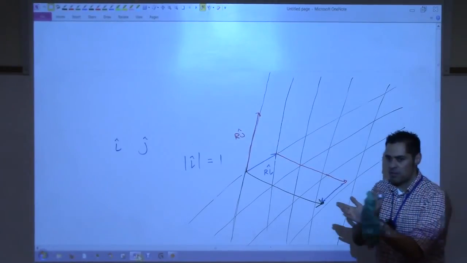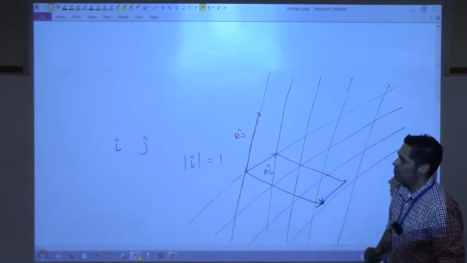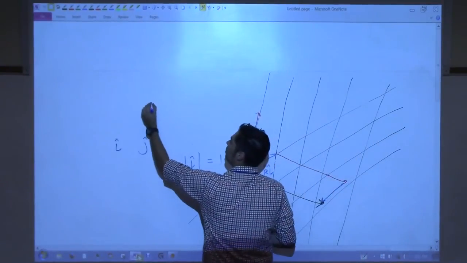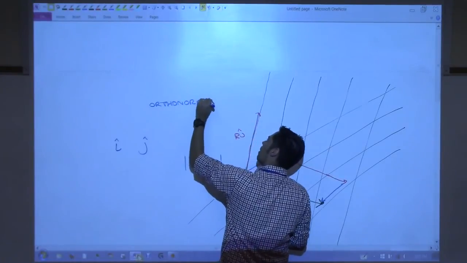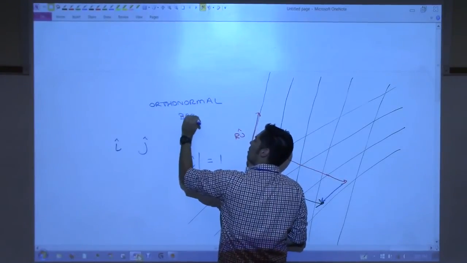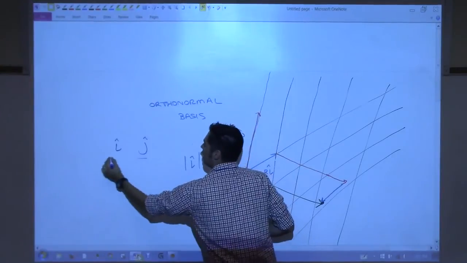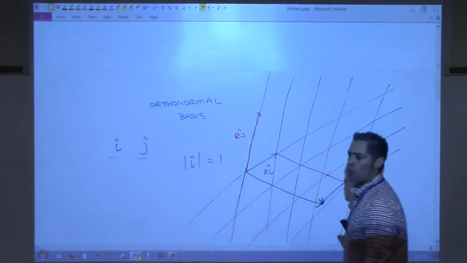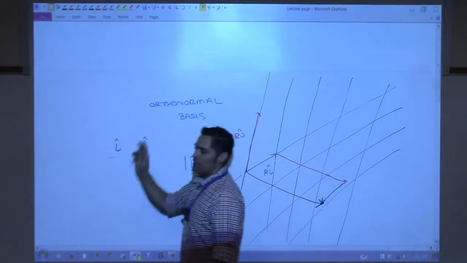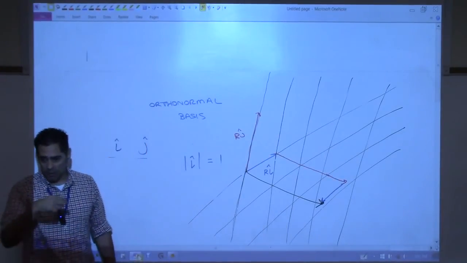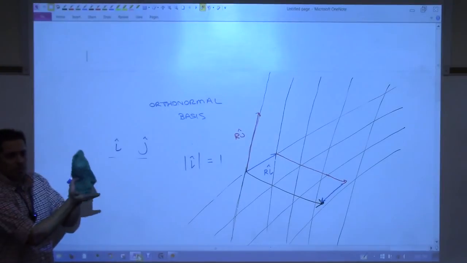And so in linear algebra, what they'll refer to this as is what's called an orthonormal basis. So i and j in linear algebra are referred to as an orthonormal basis. Ortho stands for the word orthogonal, which we're going to talk about today. Orthogonal means perpendicular.